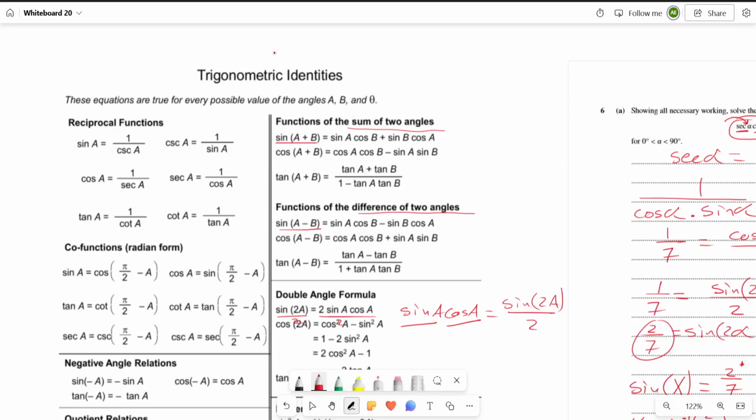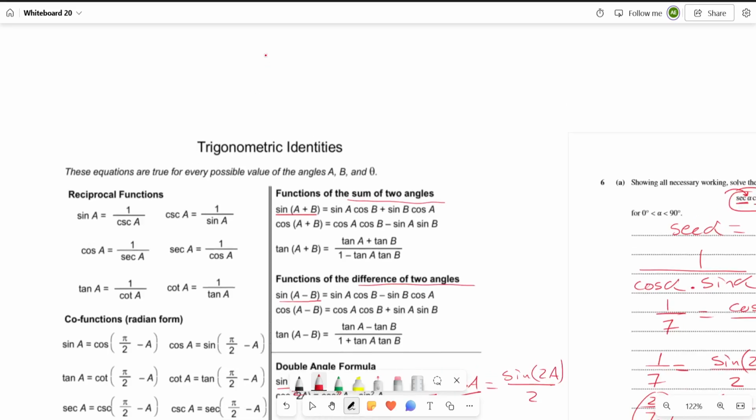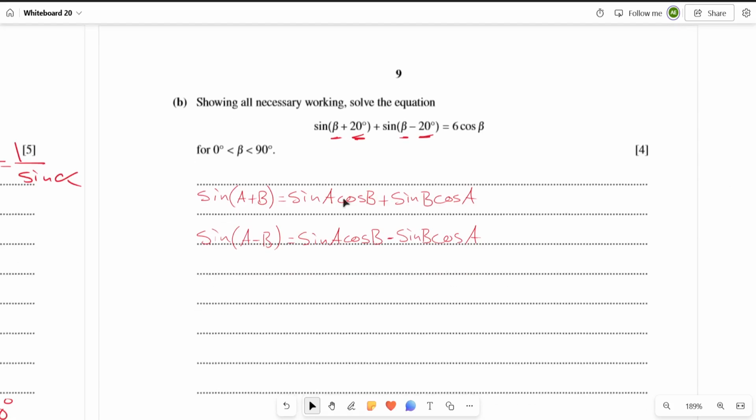So basically, let's write them down and copy them over there. I wrote down the identity, which goes like sine A plus B is sine A cosine B plus sine B cosine A, and so on. So let's first start by changing this first term over here, which looks very similar to this term over here. So I'm going to have sine B plus 20. So A is basically going to be the beta, and B is going to be the 20, right?